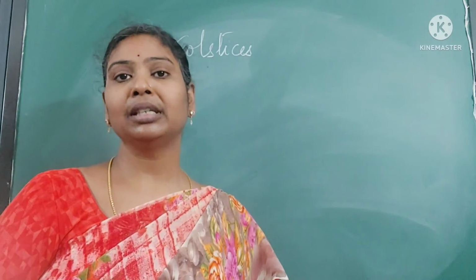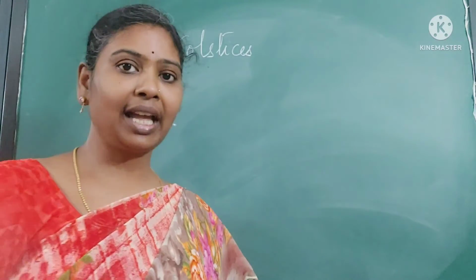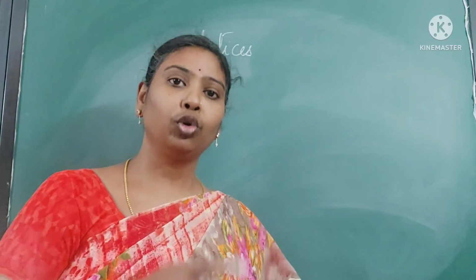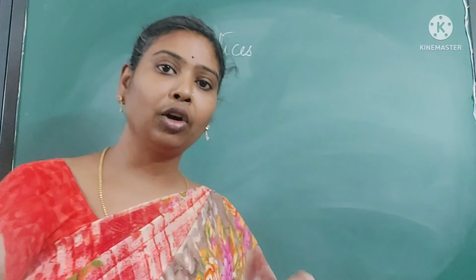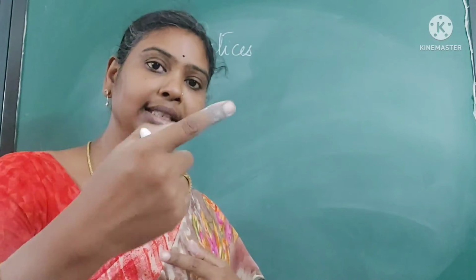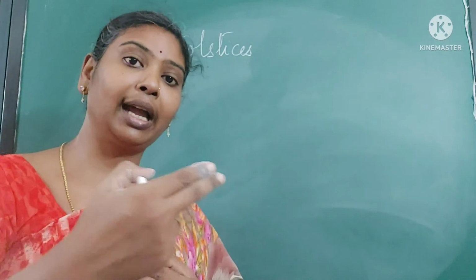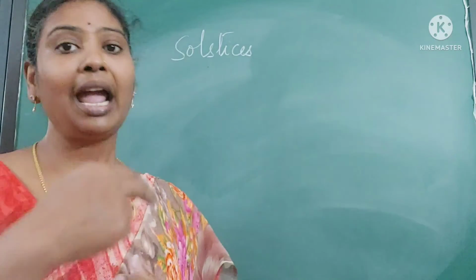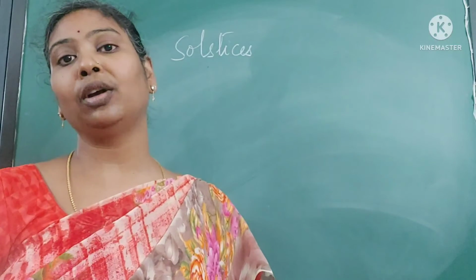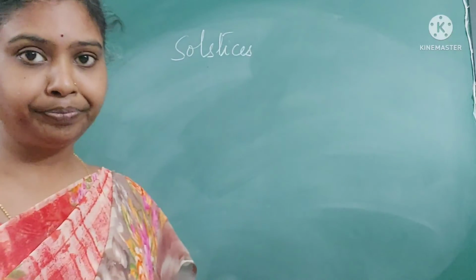So that day we have the summer solstice. We have seen the apparent movement of the sun, right? 2 days it will be falling directly on the equator, and one day it will be falling directly on the Tropic of Cancer, and one day directly on the Tropic of Capricorn.